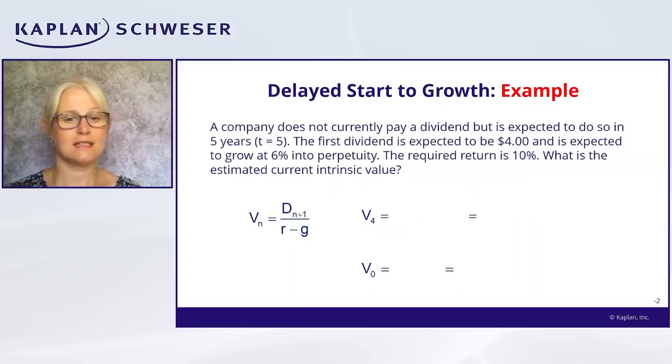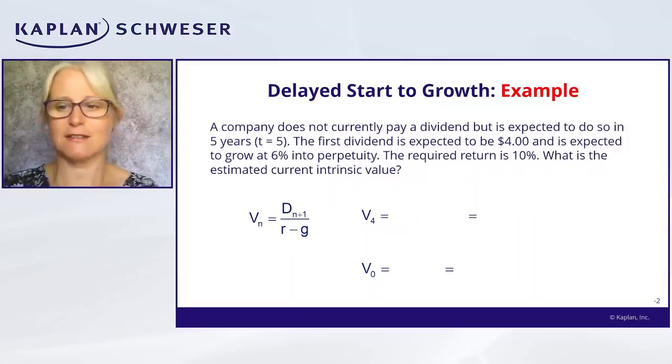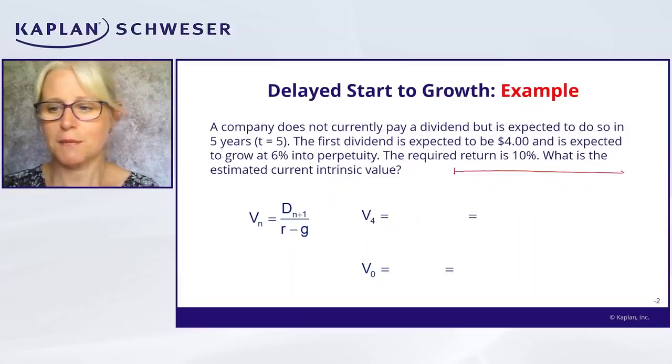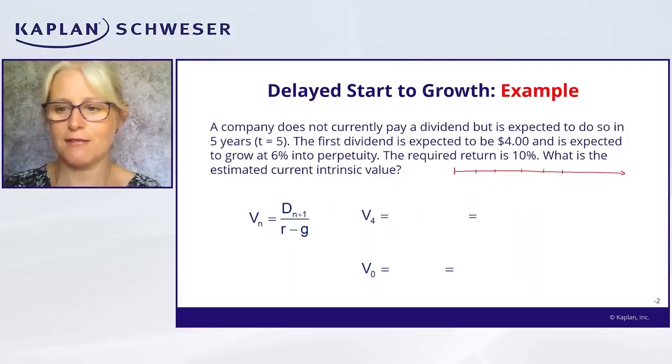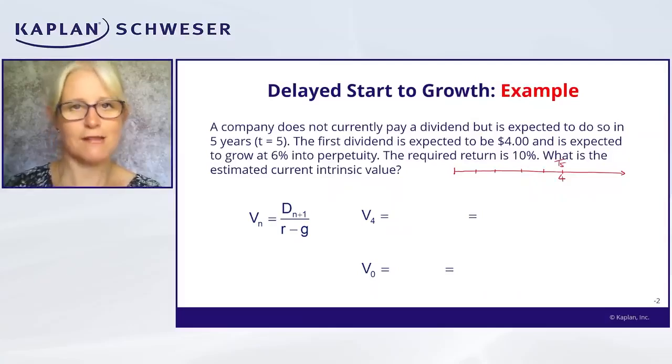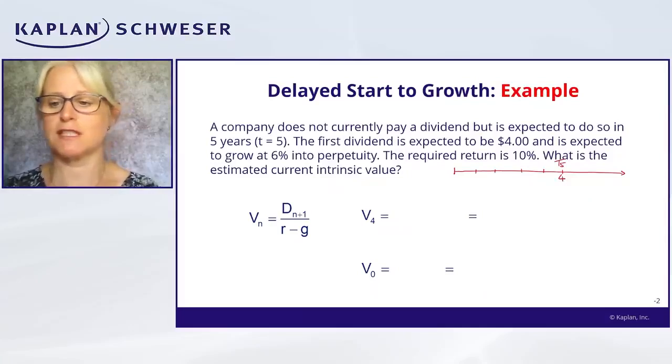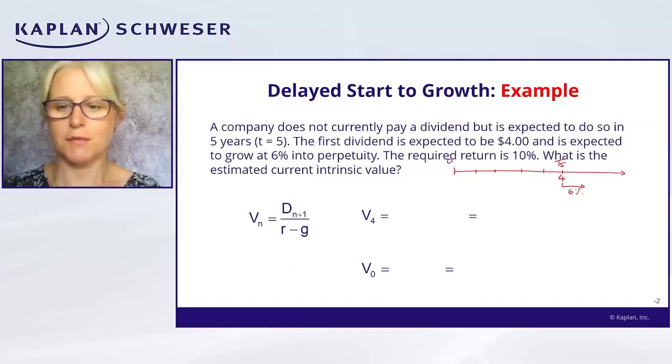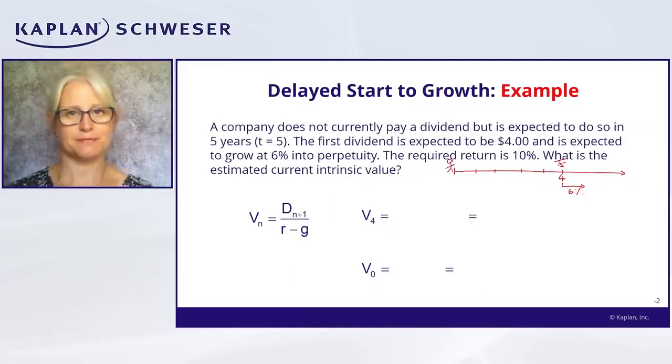What is the current or estimated current intrinsic value? So with this, I would always be sketching out little timelines and saying what's happening when: 1, 2, 3, 4, 5. So it's in 5 years, or T5, that we're expecting a $4 dividend, and that is going to grow at 6% forever. But what's the share worth today?